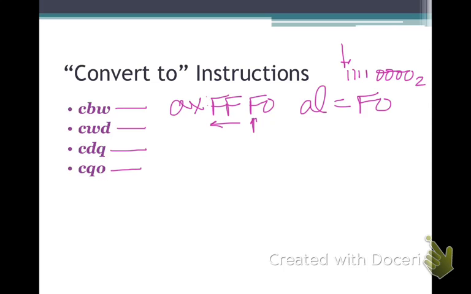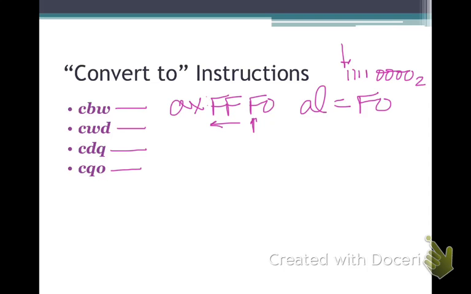Same as in convert word to double word, that's going to take AX and sign extend it to DX:AX. CDQ is going to take EAX and sign extend that to EDX:EAX. Okay? All right, so none of these will affect flags because all I'm doing is copying the sign bit, so I'm not going to see any effect.